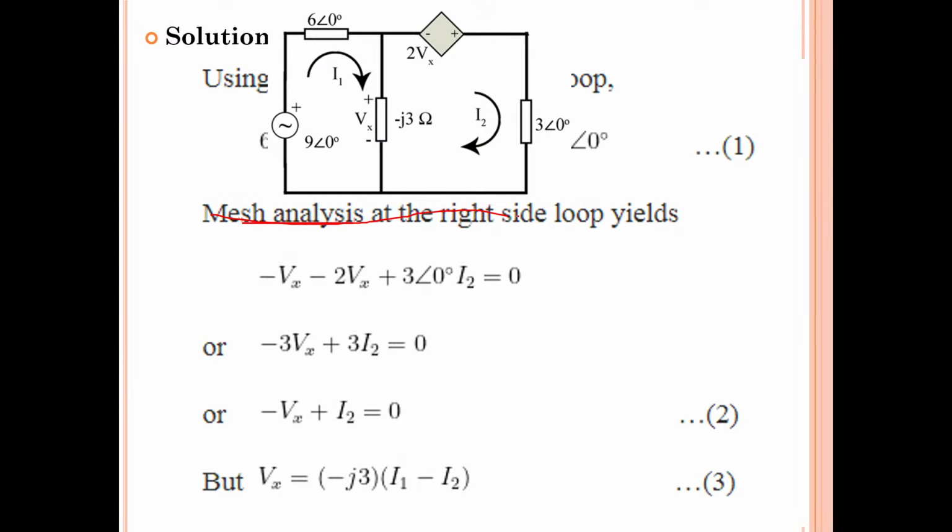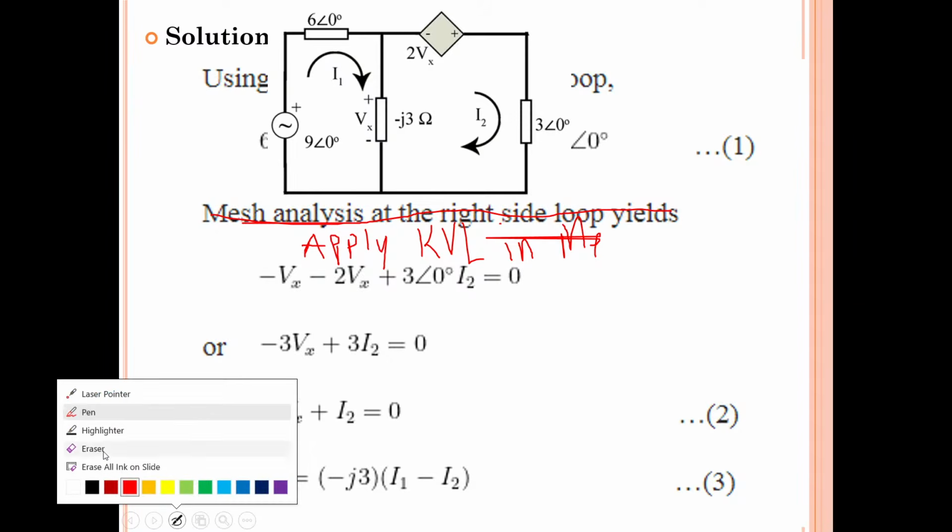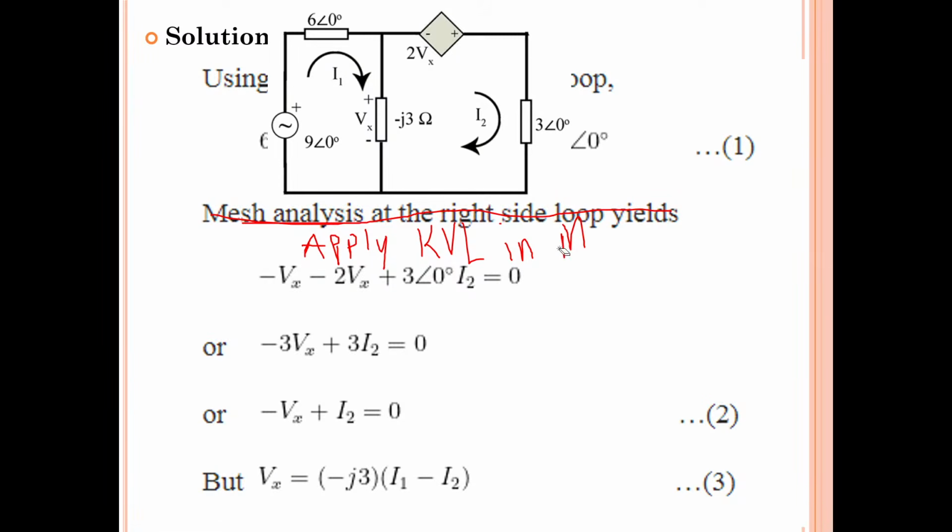So no need to write this. You just write: apply KVL in mesh 2. I am unable to write mesh. You write it.